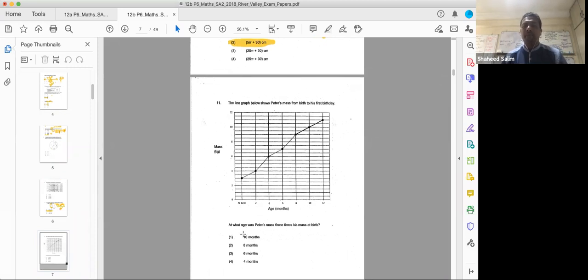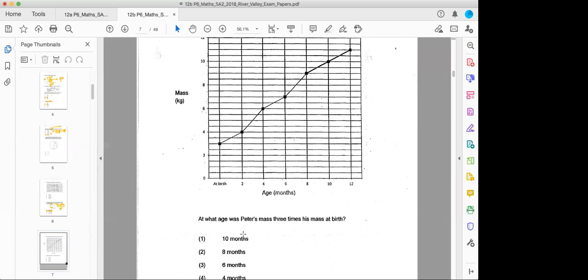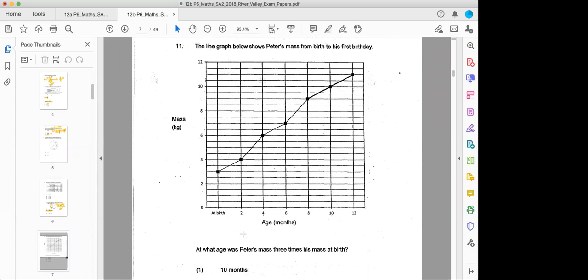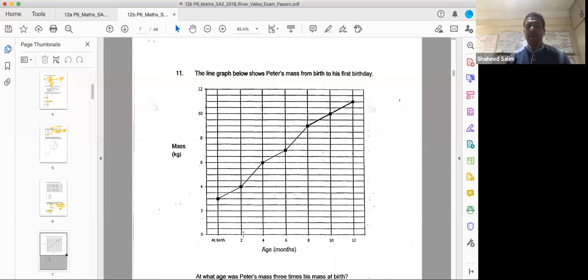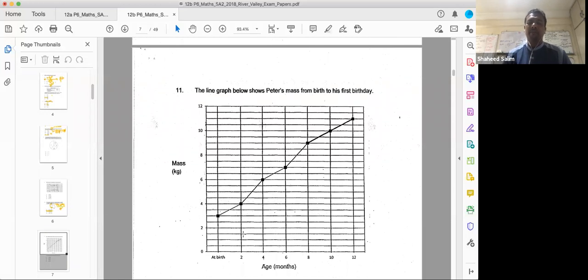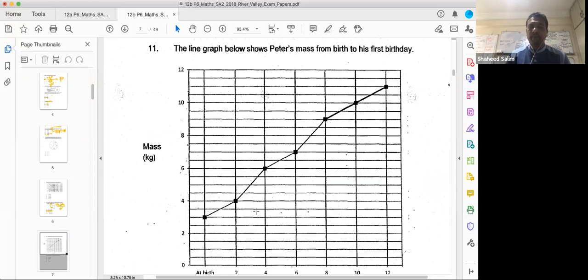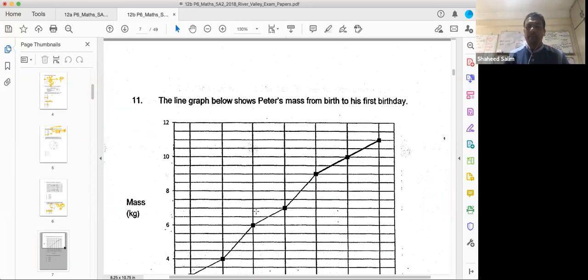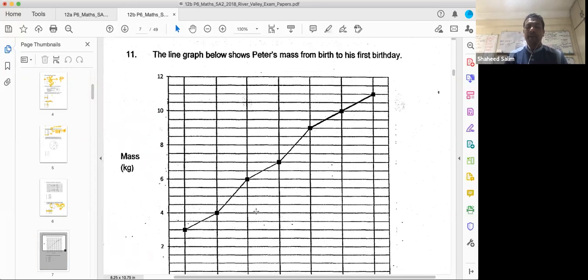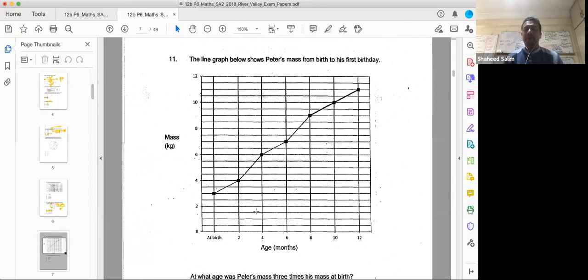From birth to his birthday. Cannot see, yeah. At what age was Peter's mass 3 times his birth mass? 3 times his birth mass. What age?